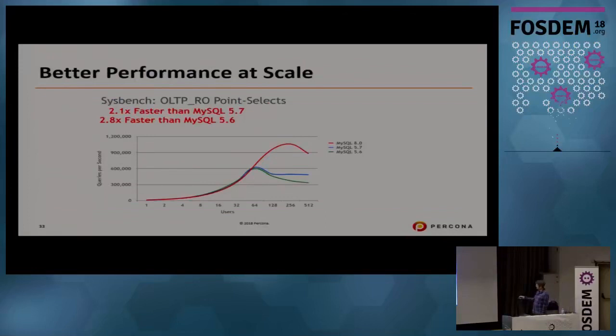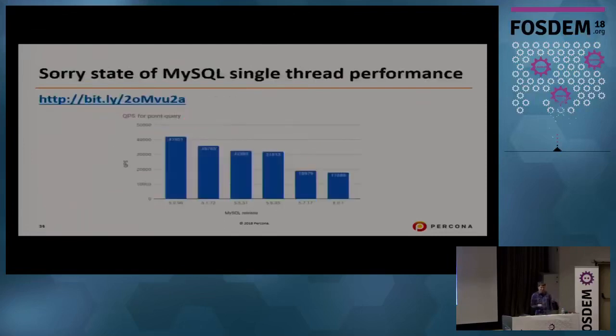Now, as you can see here, these are results from different MySQL versions. You can see that at high concurrency, every new version would generally provide performance improvements, right? You could argue about the shape of this graph, so how much better, but generally the new version would provide better performance at scale. But at the same time, if you look at single thread performance, that was kind of going down, right?